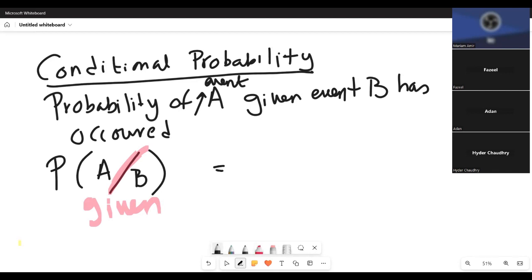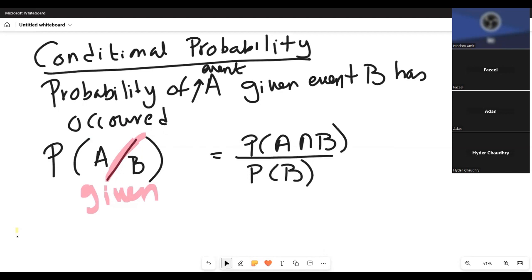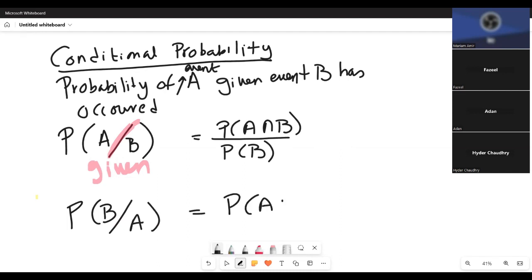The formula for this is probability A intersection B upon probability of B. Similarly, the probability of B occurring given A has already occurred will be probability A intersection B upon probability of A. You may also write B intersection A, same thing.